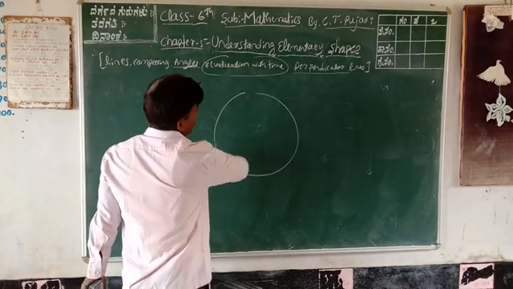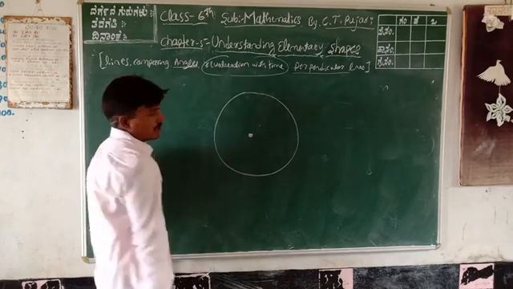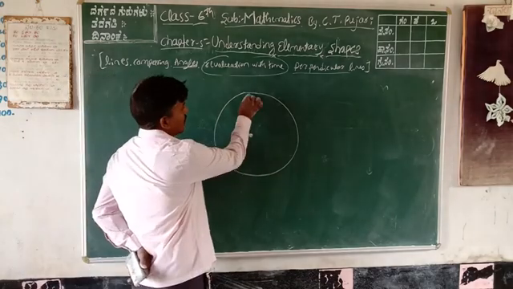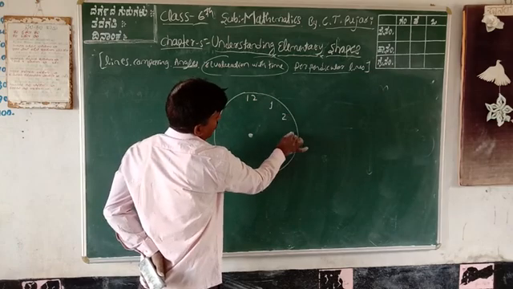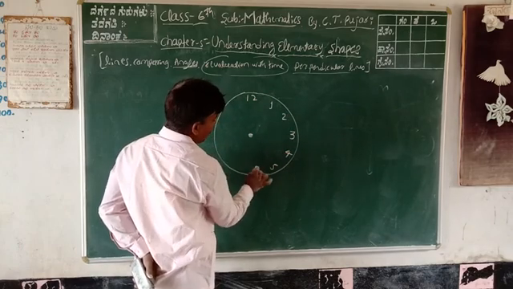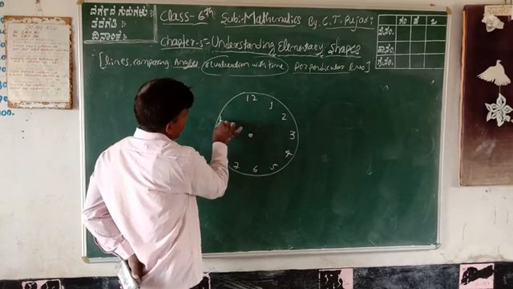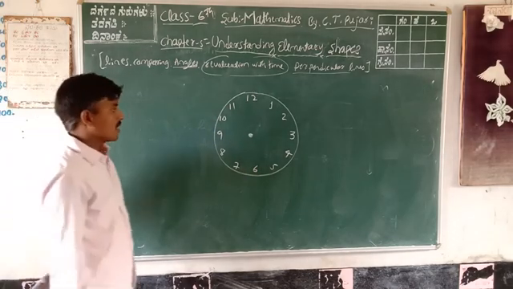This is one circle, a wall clock. Here is 12, 1, 2, 3, and also 4, 5, 6, 7, 8, 9, 10, 11. Okay, this is your clock.